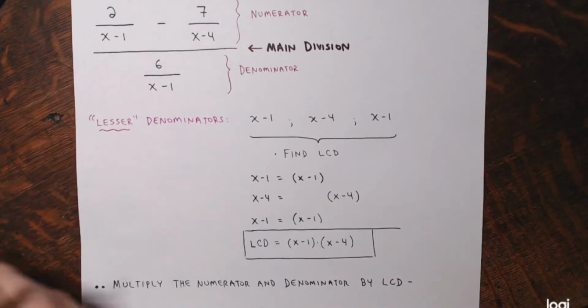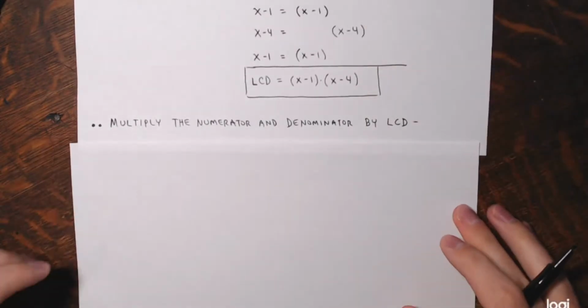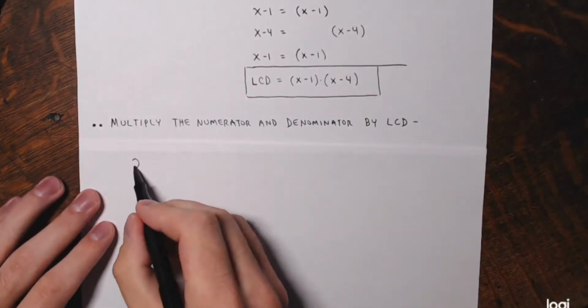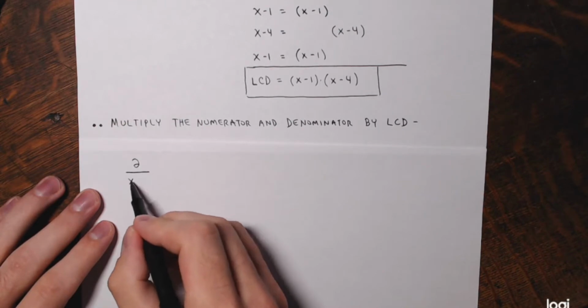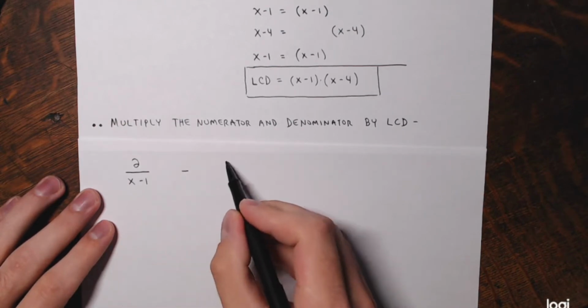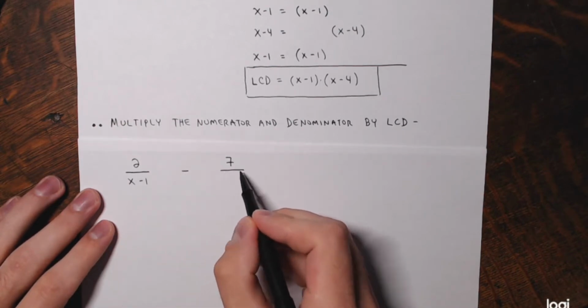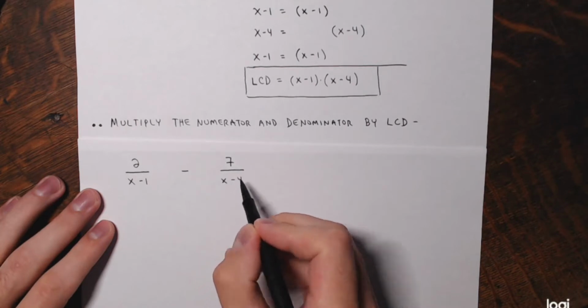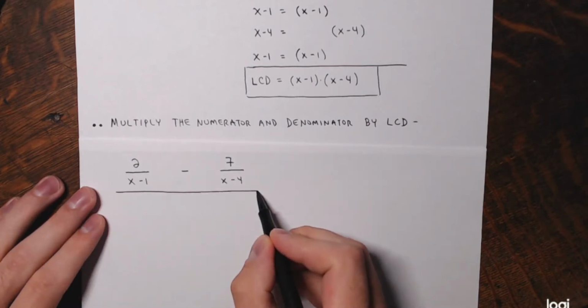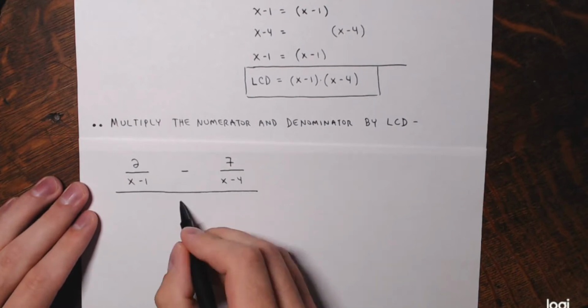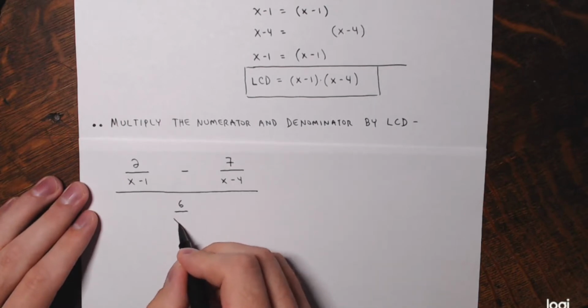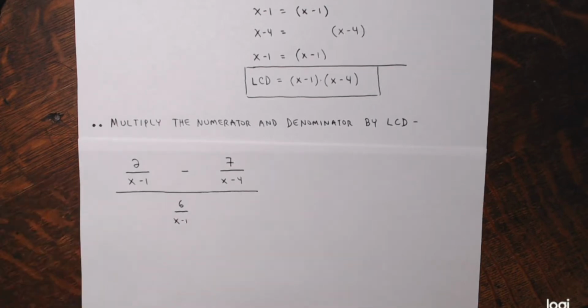Alright, so I'm going to rewrite out that complex fraction. So this is the way it looked. You have 2 over x minus 1 minus 7 over x minus 4 in the numerator divided by 6 over x minus 1 in the denominator.